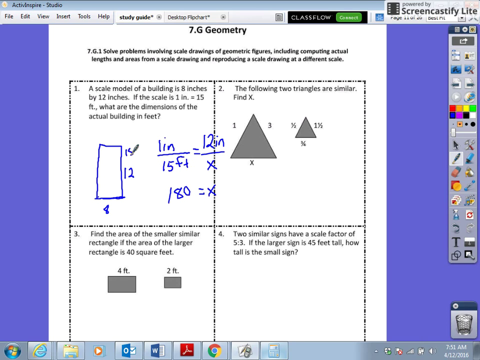Okay, so 180. And then here, 8. I can set that up again, but because of space, I'm going to just go ahead and erase because this is exactly the same equation. I'm just doing it for 8 inches this time. Again, 1 times x is 1x, and 8 times 15.